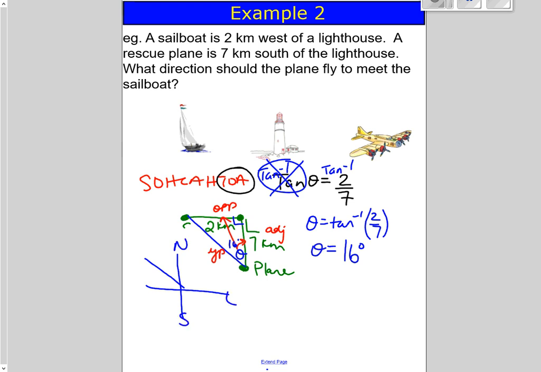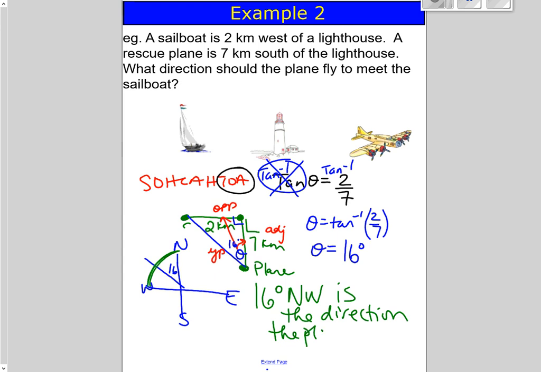North, south, east, west. And this is where my 16 degrees is in here. See how it's between north and west. So we can say 16 degrees northwest is the direction the plane will follow.